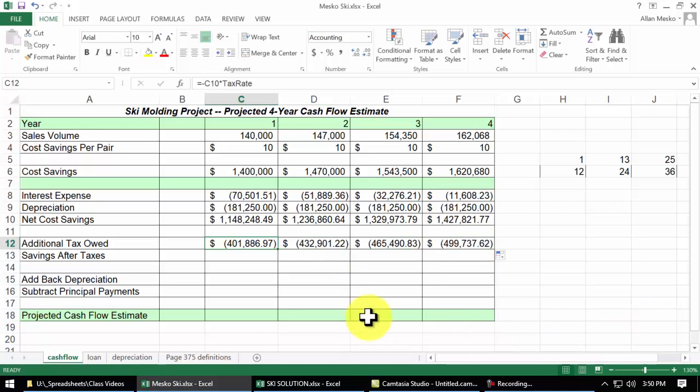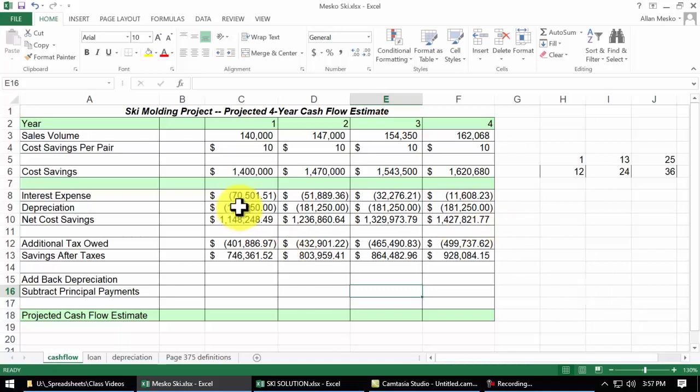Number 11 on the next row says, calculate the savings after taxes. Well, here's our net cost savings, and here's the taxes. So if we add those two together, since the taxes are negative, we will just say this thing plus that thing. So our net cost savings would be this amount. Number 12 says, complete the worksheet adding back in the depreciation that was deducted.